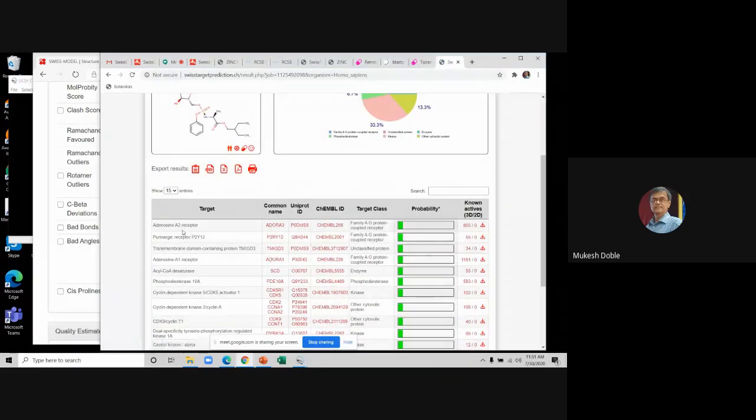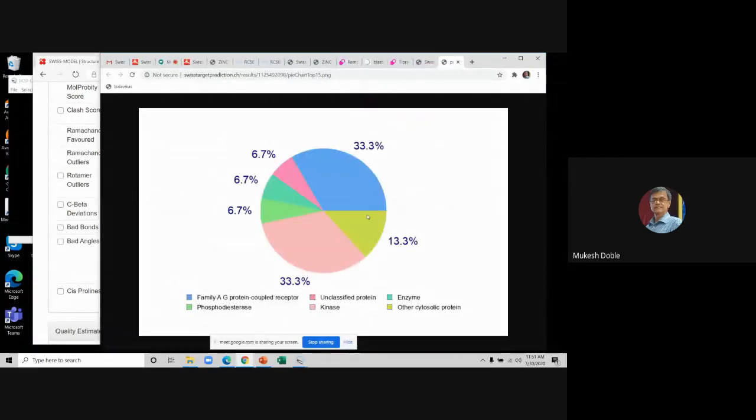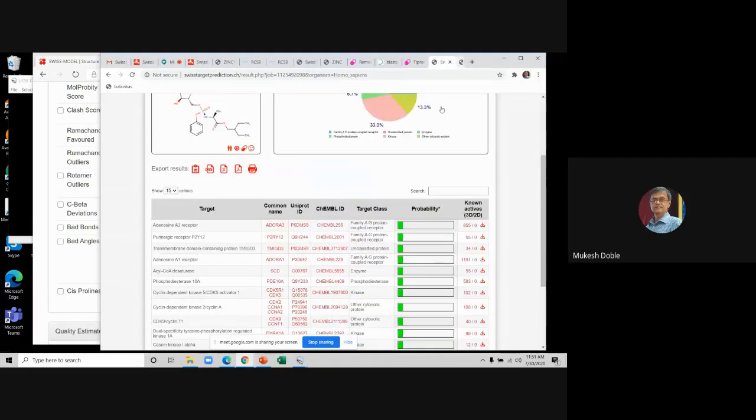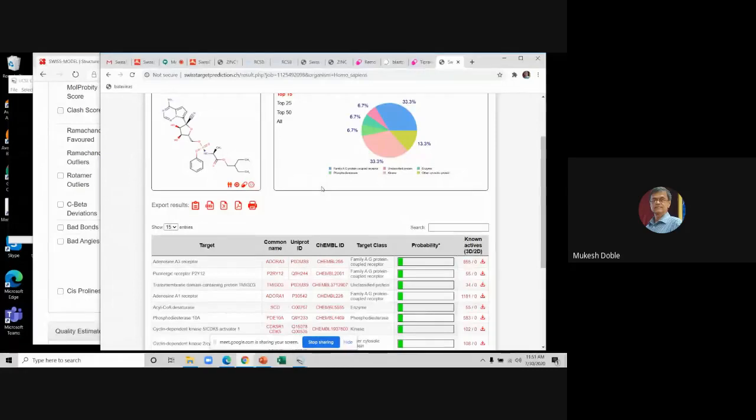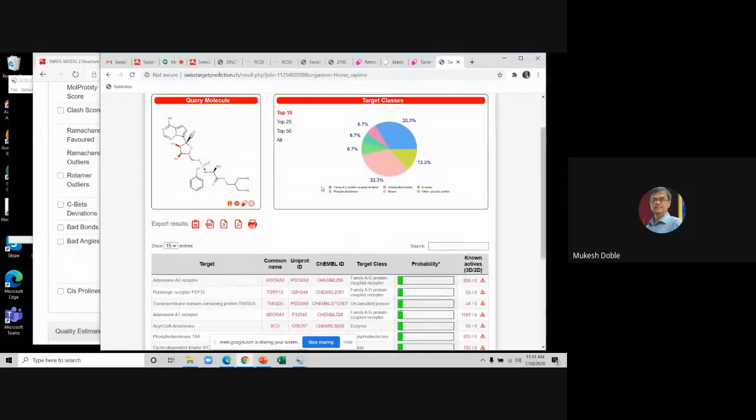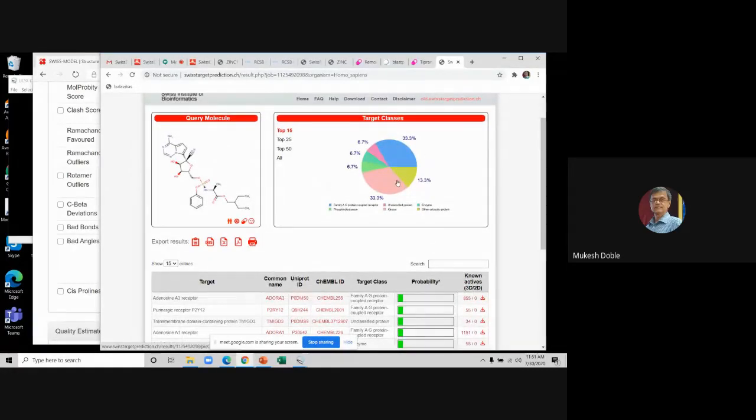You can see again protein coupled receptors and then kinases and so on. Adenosine receptor has a probability, but still it's not very high. This is all related to human targets.